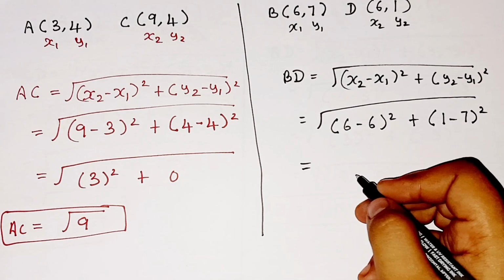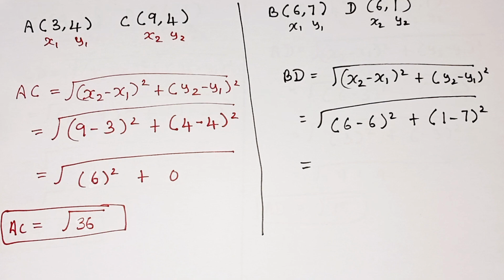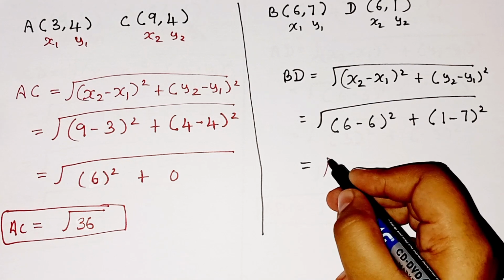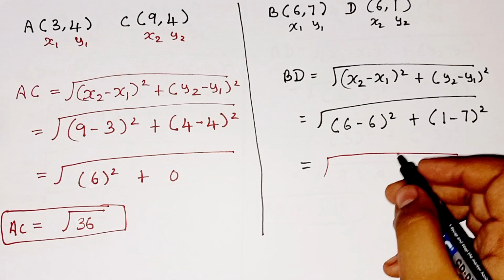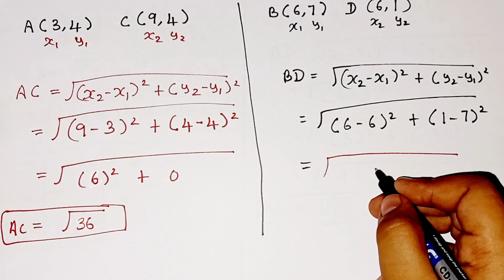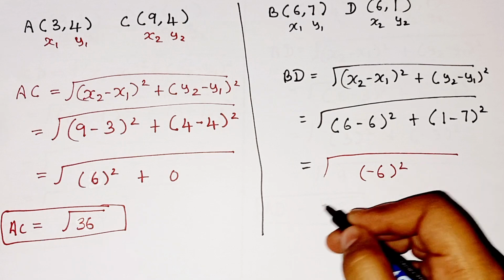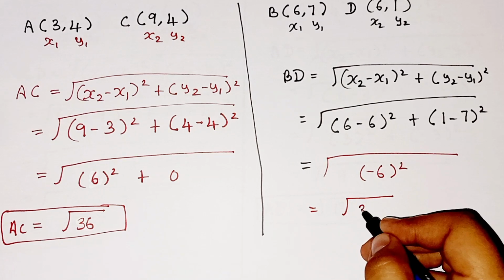Now 6 minus 6 is 0, so no need to consider that. When we subtract, we will get minus 6 the whole square. So minus 6 the whole square is 36.